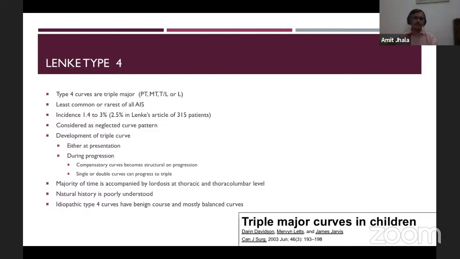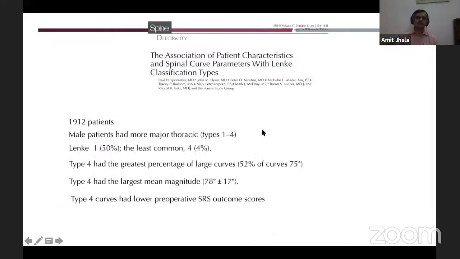But idiopathic type curves have a benign course, and mostly they are balanced because all three curves balance each other. This is the primary thing for type 4 curves.